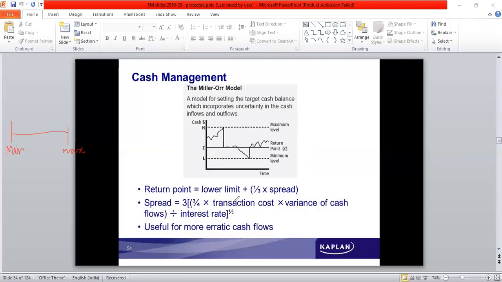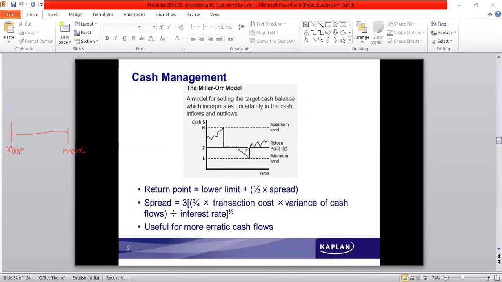So when there are many fluctuations in the cash balances, to ensure that it doesn't cross the maximum limit and get converted into idle funds, to ensure that they are put to use. Once it reaches beyond the maximum point, those cash balances are taken and invested into some securities.